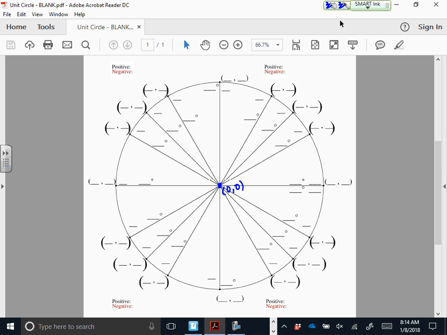So here we are at 0 degrees, which is, and you know what, I'm going to do this in a different color. Sorry. Very good. 0 degrees, which is 0 radians. If this is 0, 0, and we have a radius of 1, what would this coordinate be right here?